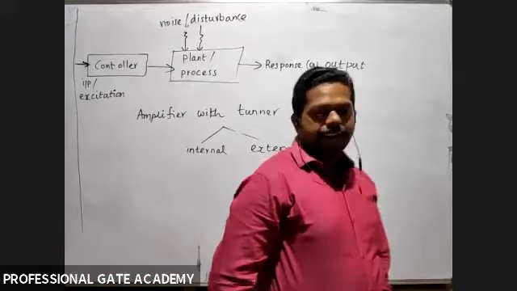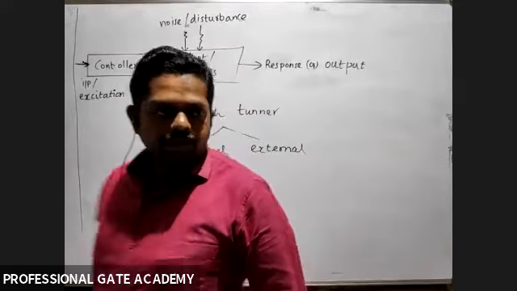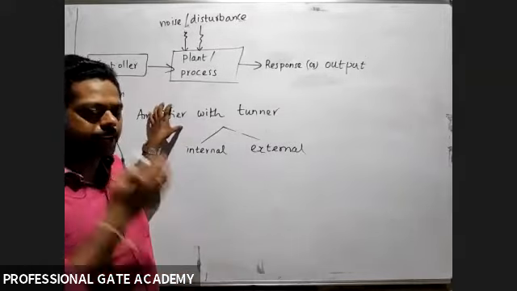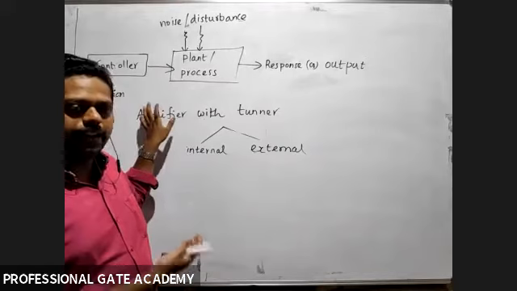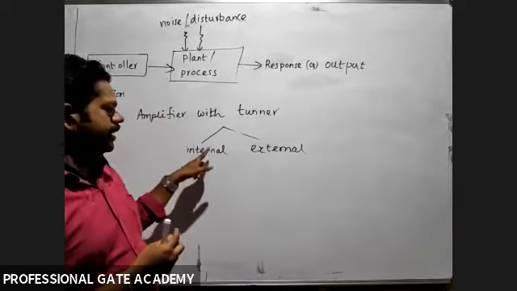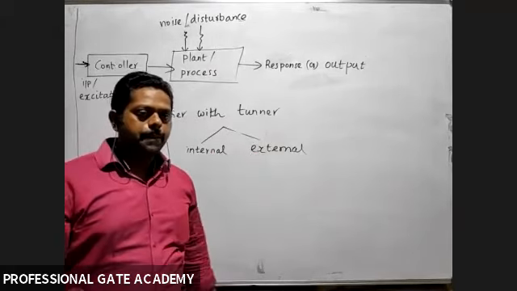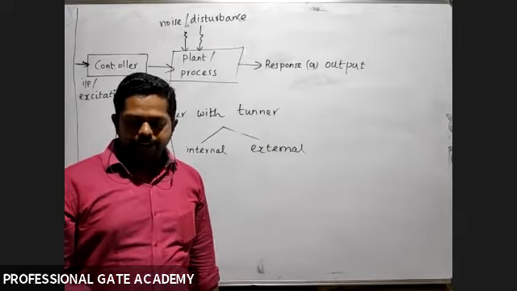In the amplifier circuit itself, noise comes due to some elements, short circuit, or element fault or defect. Due to that, the noise occurs. That is called internal noise. So what is external noise?